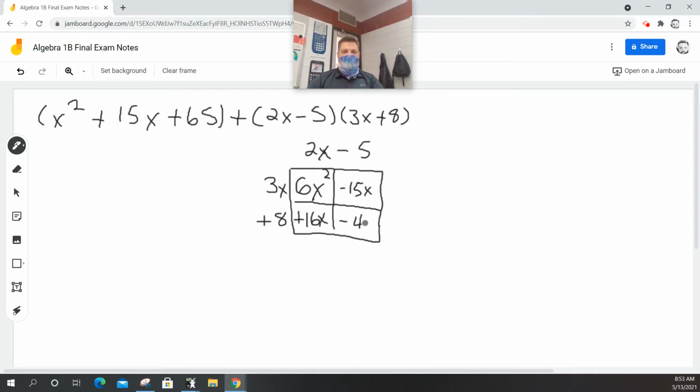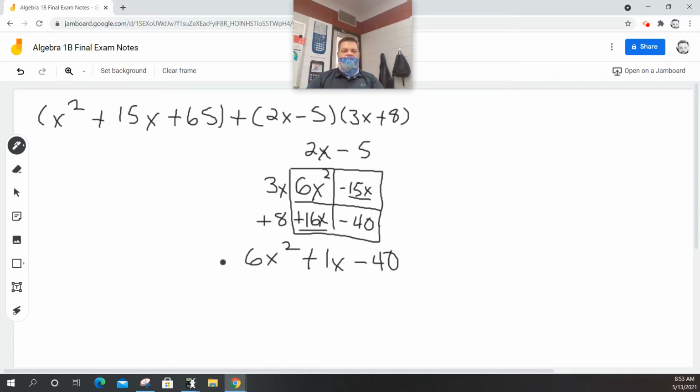Negative 40, good. So now I'm going to have to combine like terms. So what's positive 16x minus 15x? Yeah, just 1x. So this is 6x squared, and then these combine to be positive 1x minus 40.